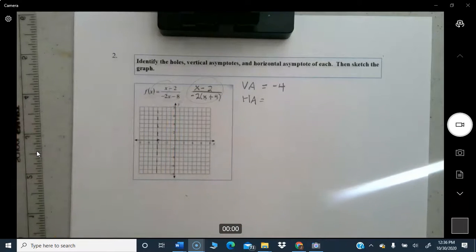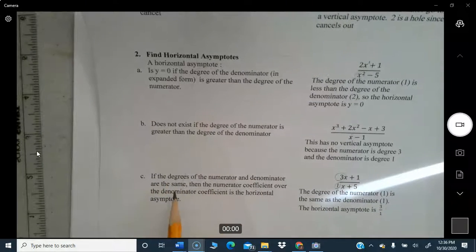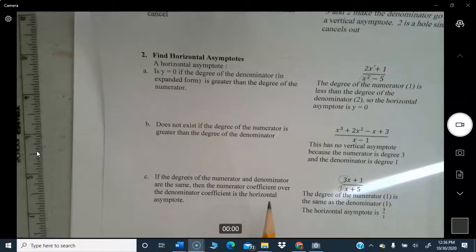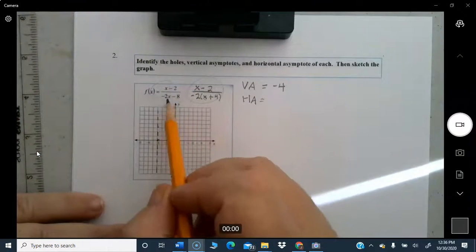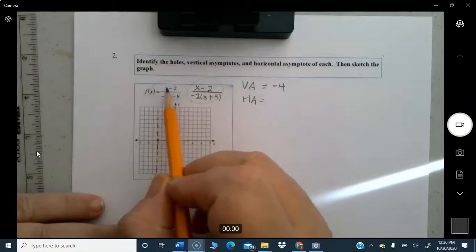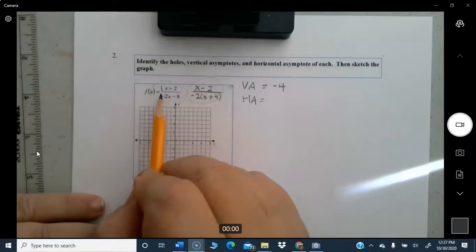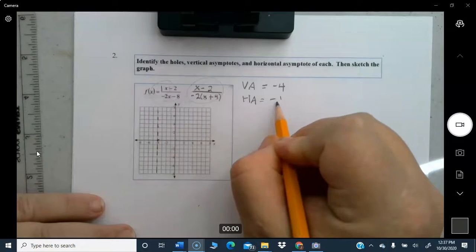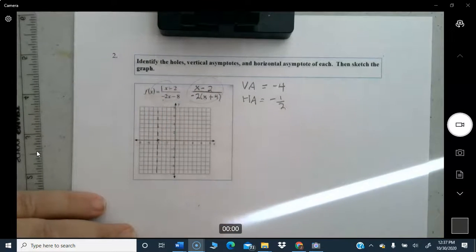The rules say that if the degrees of the numerator and denominator are the same, then the numerator coefficient over the denominator coefficient is the horizontal asymptote. They're both to the first power. So you have a 1 up here, although you don't write it, and a negative 2 there, so it's 1 over negative 2, which equals negative 1/2.